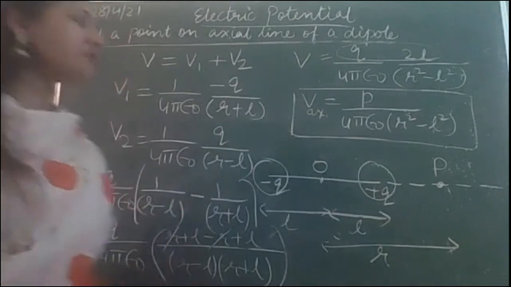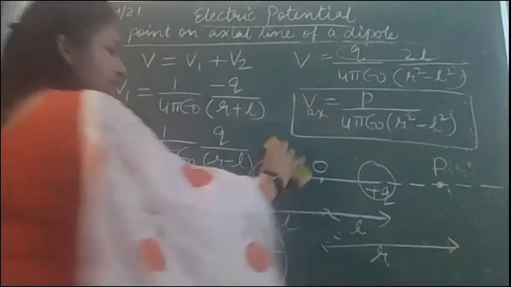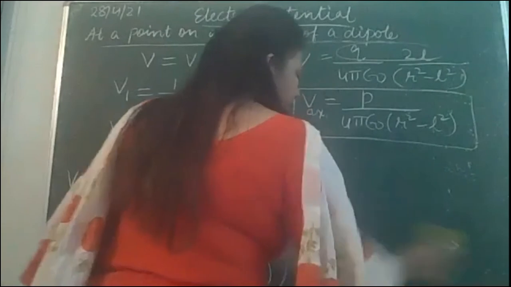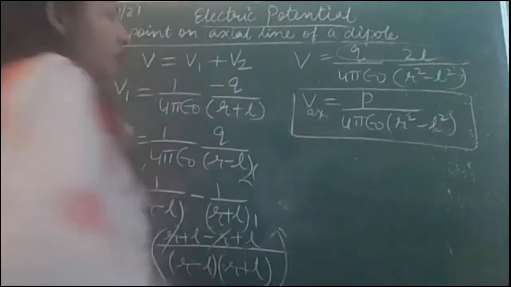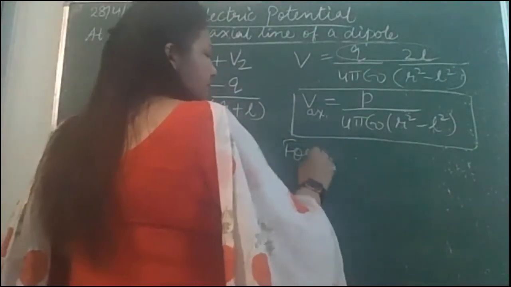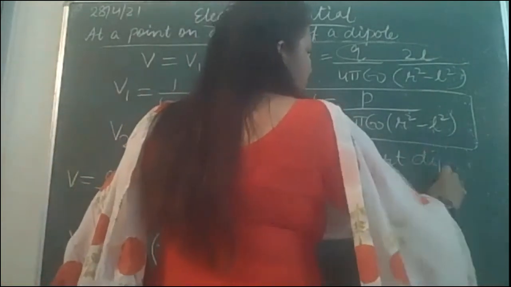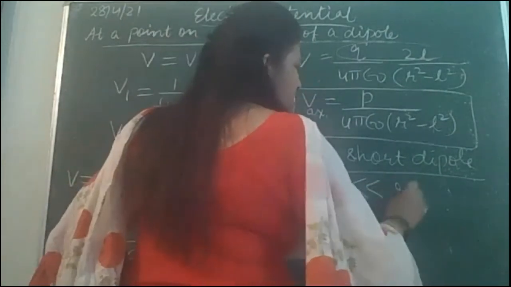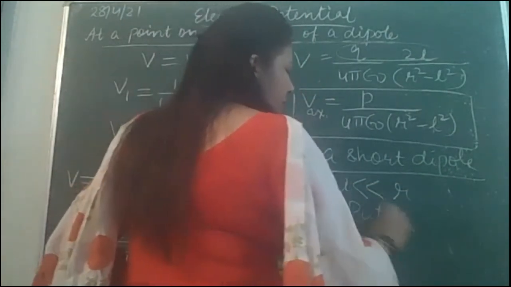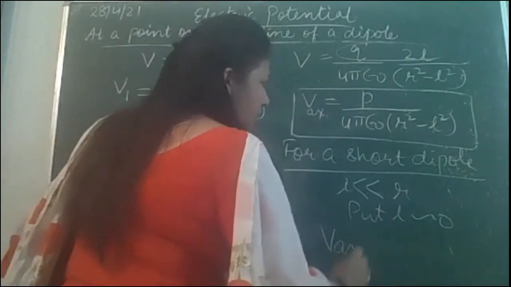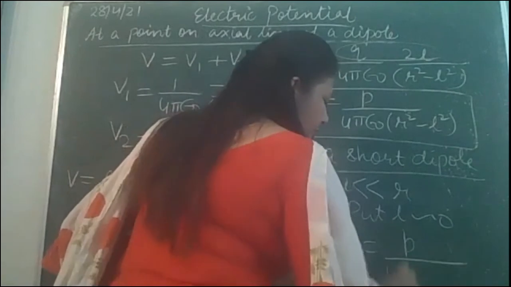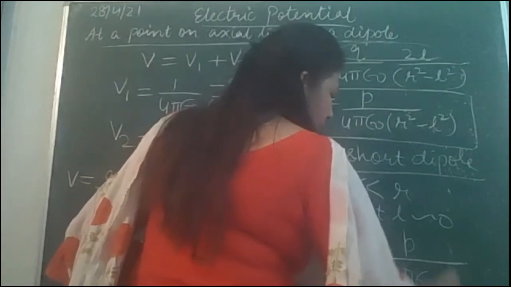Now let us have a special case for a short dipole. For a short dipole, the length will be very small in comparison to distance. So put L equal to 0 in the expression. You get P over 4 pi epsilon naught r square.